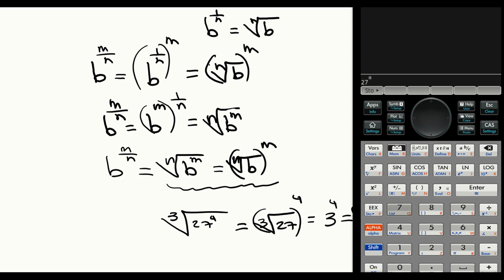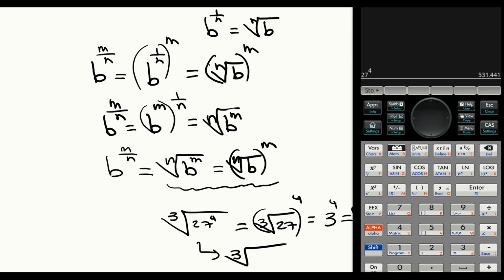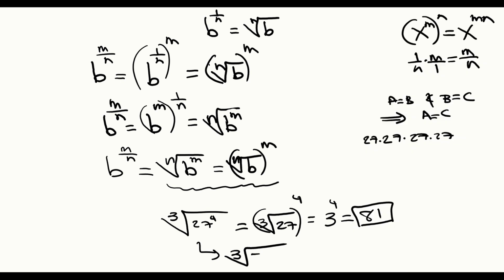Of course, if we really insisted, we could always calculate 27 to the power of 4, and you can see that you will get a giant number, 531,441. So you could have done this by not taking the simple route and just calculating the cube root of 531,441.